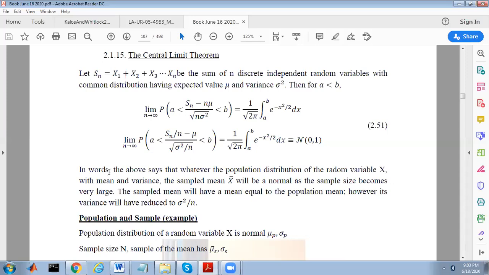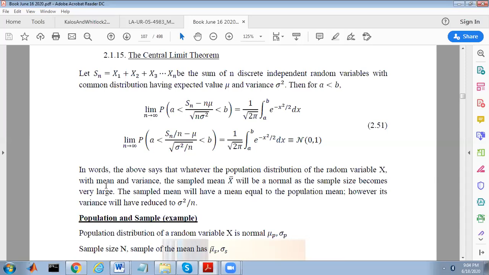Now, in plain English, that means that whatever the population distribution of the random variable x, if it has a mean and a variance, then the sampled mean x bar will be a normally distributed value as the sample size becomes very large.